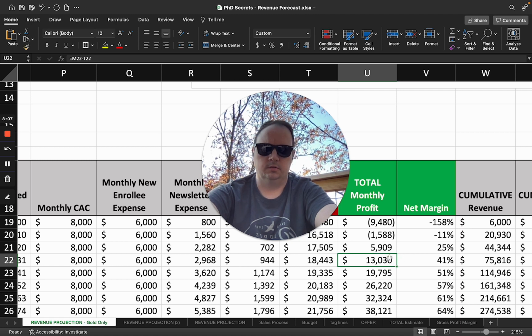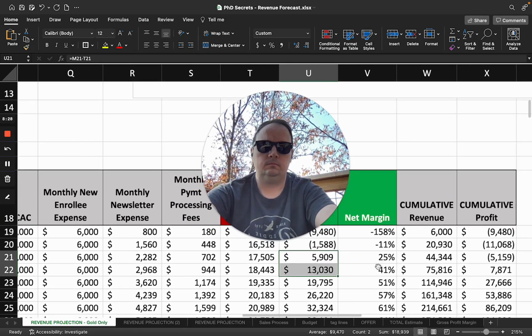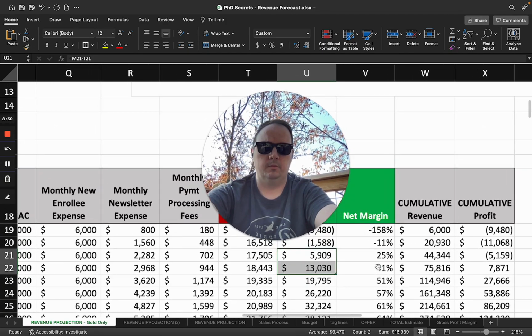So of course this is where it gets really interesting, because then you can start to think about dumping more money into acquiring more customers now that you have a net positive in your profits. And if you want to flow that back into the business to grow the membership base, you could certainly do that to try to get your monthly recurring revenue up.